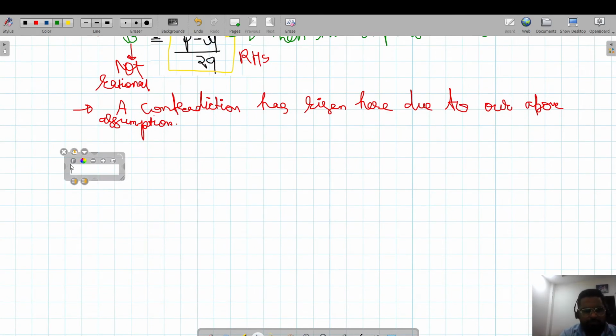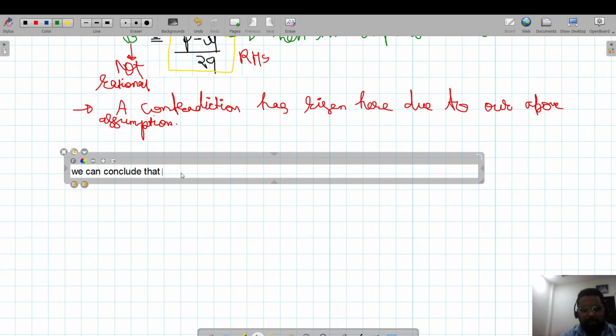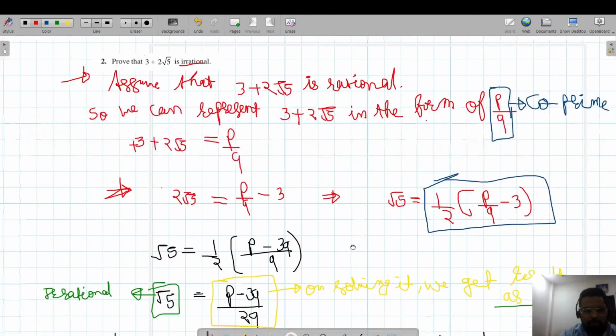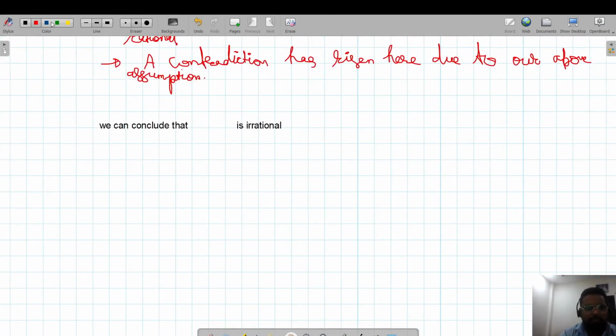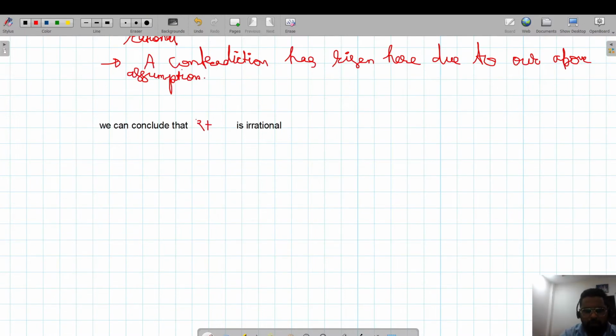We can conclude that 3 plus 2 root 5 is irrational, not rational. Not 2, here 3 will come: 3 plus 2 root 5 is an irrational number.